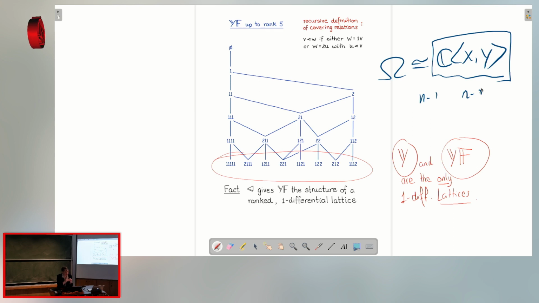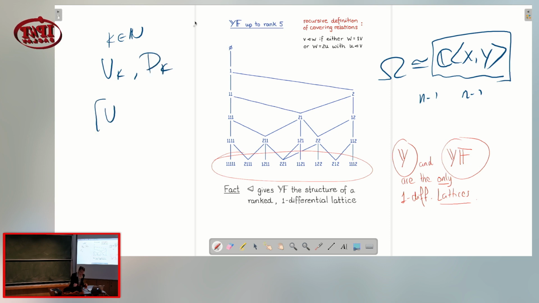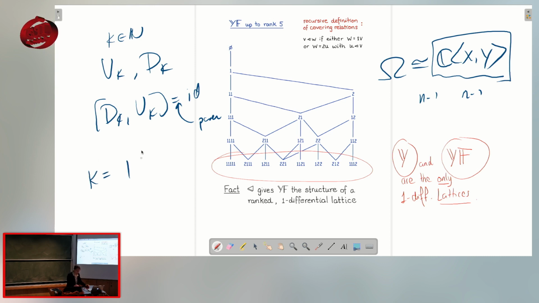Heisenberg is this relation. Right, so for every integer k, you want to have a U_k and a D_k with a commutation relation, maybe with a scalar parameter in front. In the one differential case, you just have one pair, but you would like to have infinitely many pairs.